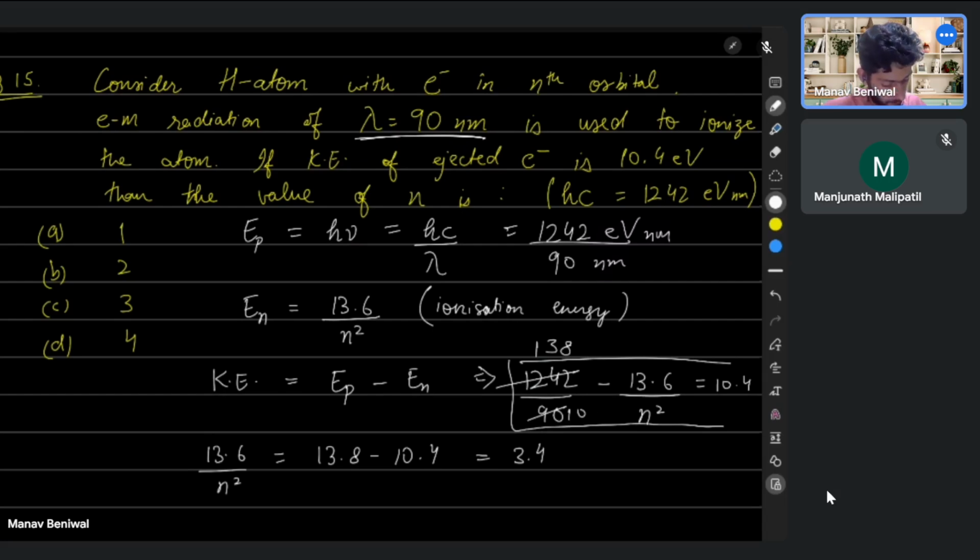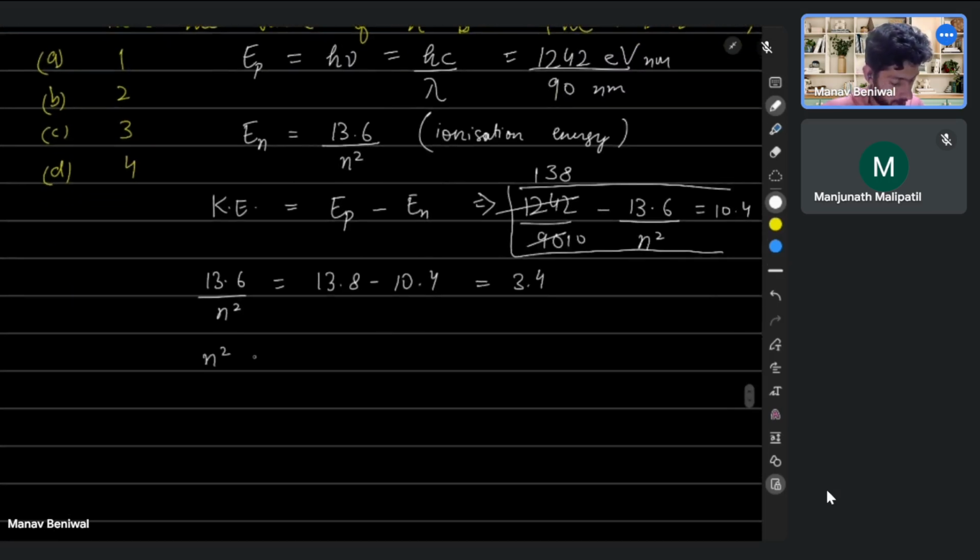So n squared is then 13.6 divided by 3.4, and this is roughly 4, which implies n becomes 2.